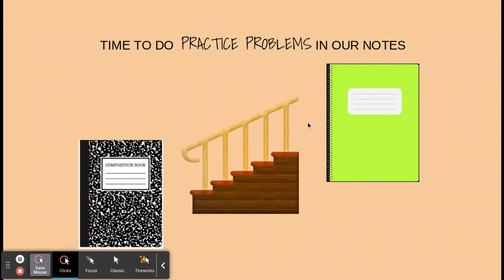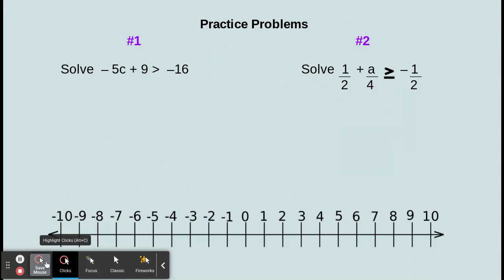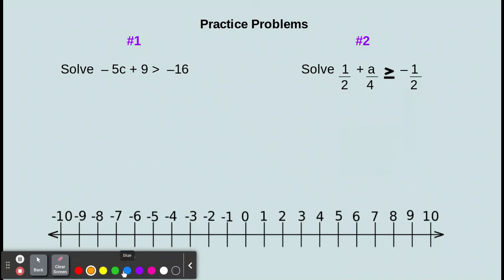Okay, so now you need to do 2 practice problems in your notes. All right, so I will run through part of the practice problems and you can just check to make sure that you're on the right track. So this first one, 9 is our constant and we need to remove it from this side of the equation.